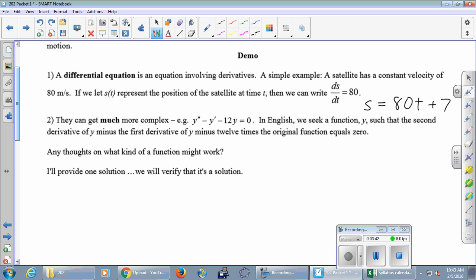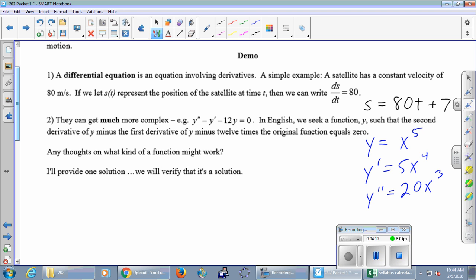Number 2, they can get much more complex. For example, y double prime minus y prime minus 12y equals 0. In your head, you are imagining something like y equals x to the 5th. Like that is not the solution, but I'm just making something up so that we're clear what it means to have a solution. If this indeed were the solution, then if I take the derivatives, so 5x to the 4th, and then 20x cubed, and I plug all of that stuff into the differential equation, I should get something which is true.